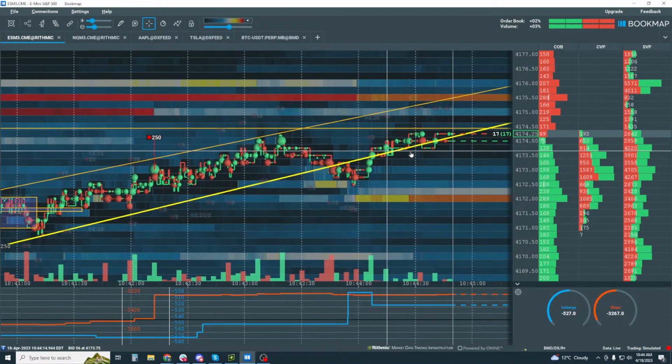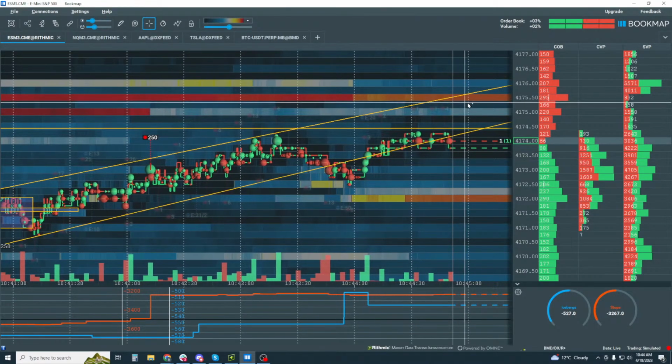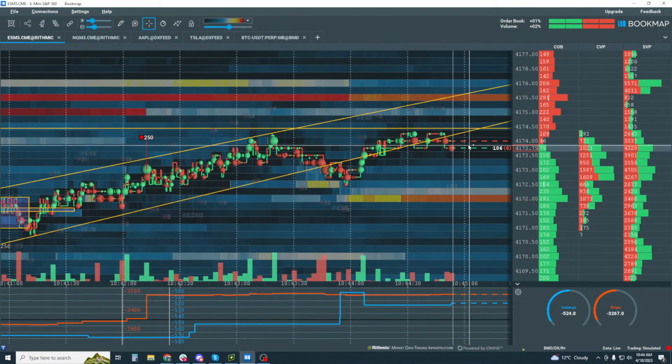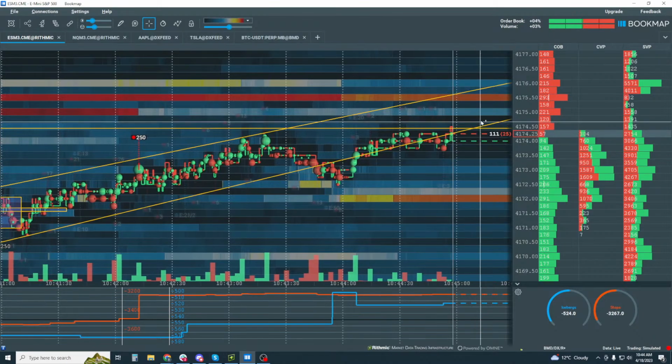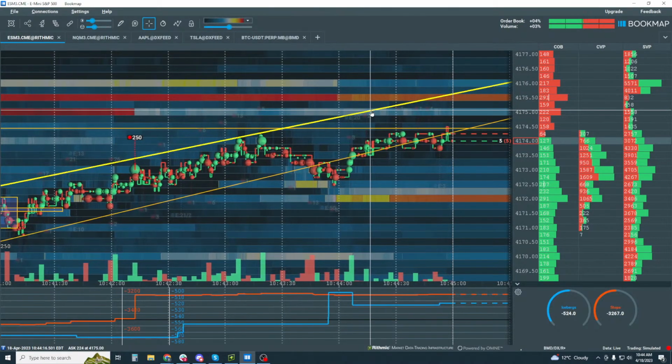Now watch what happens though to this balance here. Someone's going to really skew it, and we're going to get some insight from it. All right, they're going to either show up on the bid or the offer up here.